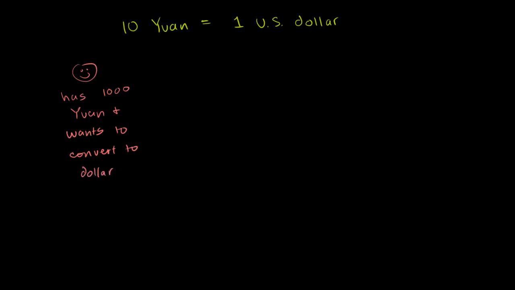Now if we just superficially looked at this 1,000 yuan and looked at the quoted rate, we'd say, hey, that 1,000 yuan, you get 10 yuan per dollar, so that should be $100 at the quoted rate.